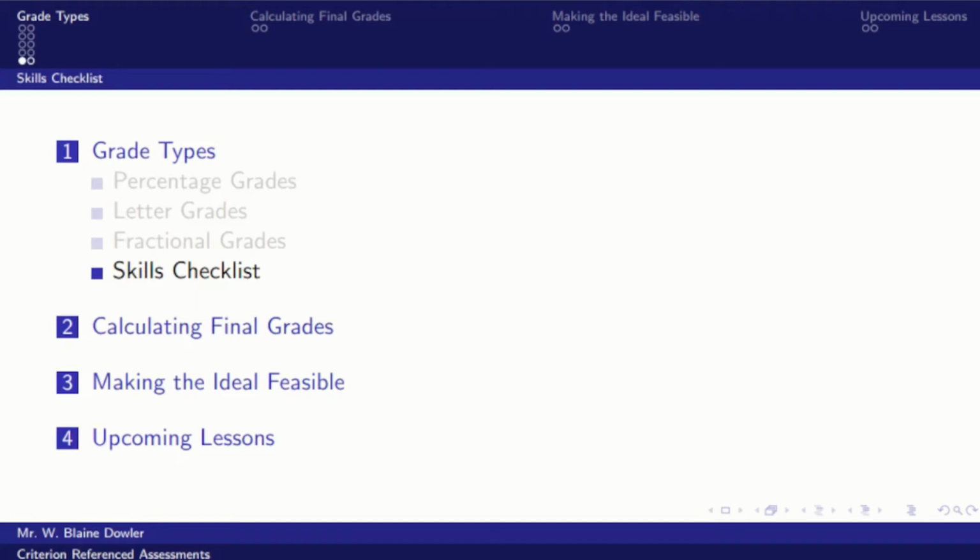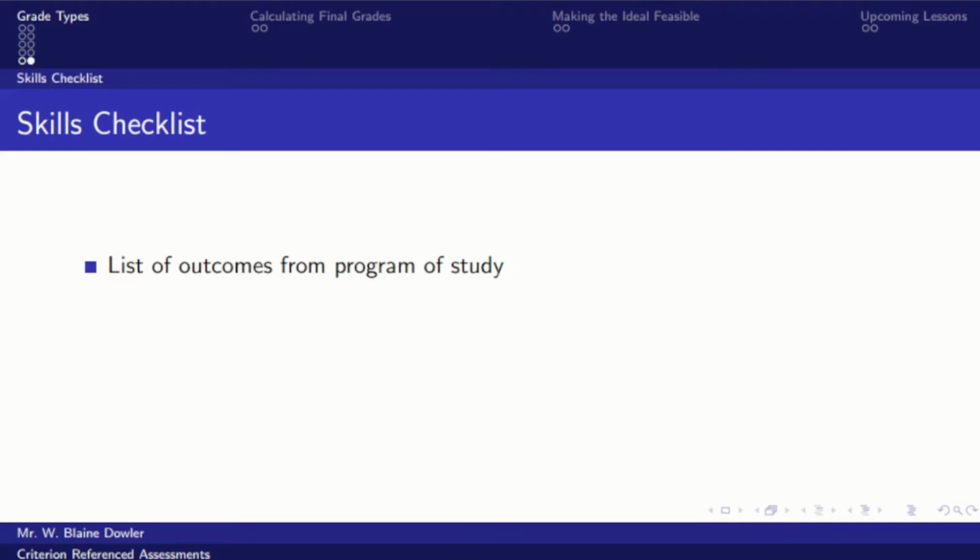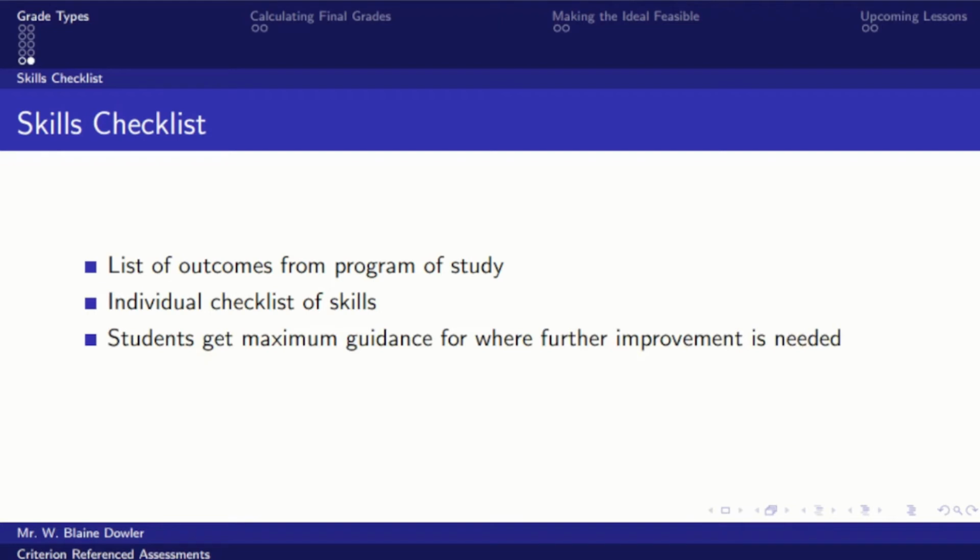And the final type of criterion referenced grading is the skills checklist. Here we start with a list of outcomes from the program of study. You build an individual checklist of skills that you can give to each student. And this information gives the students maximum guidance for where further improvement is needed.